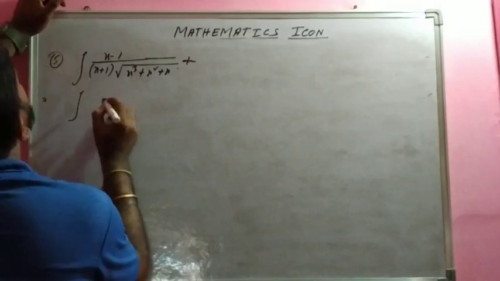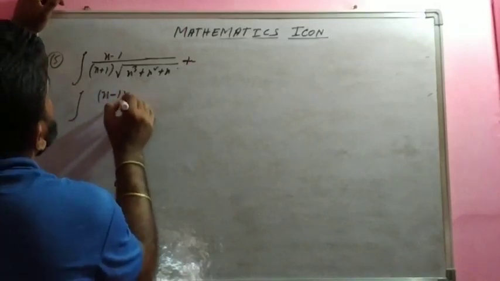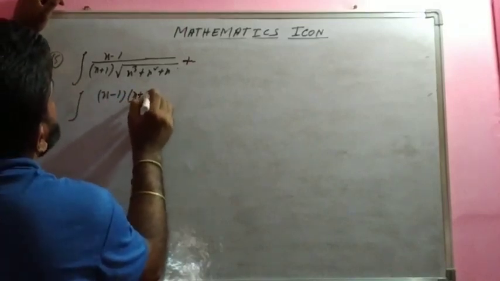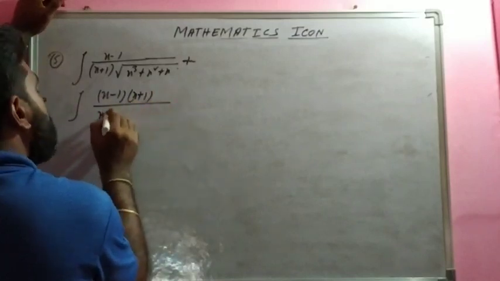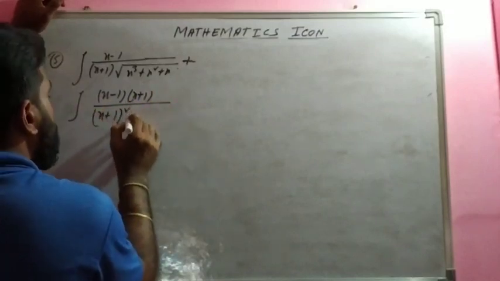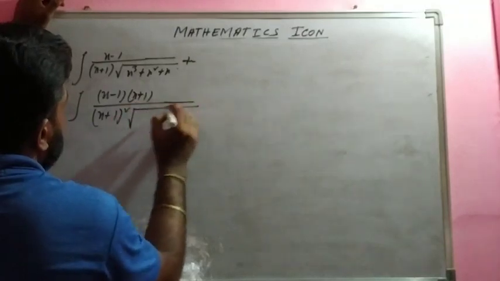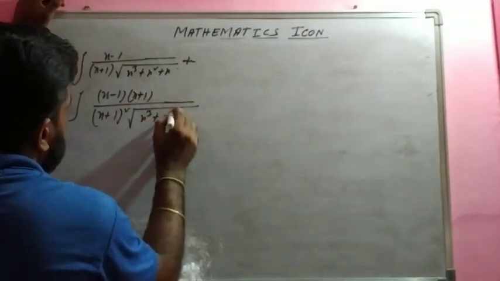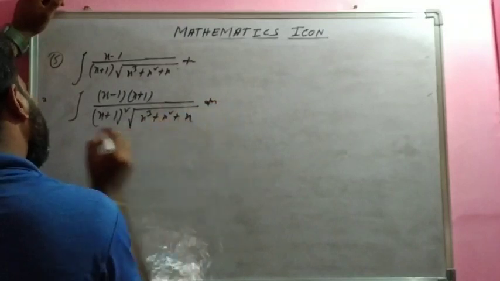Multiply x minus 1 by x plus 1, over x plus 1 whole square, root x cube plus x square plus x dx.